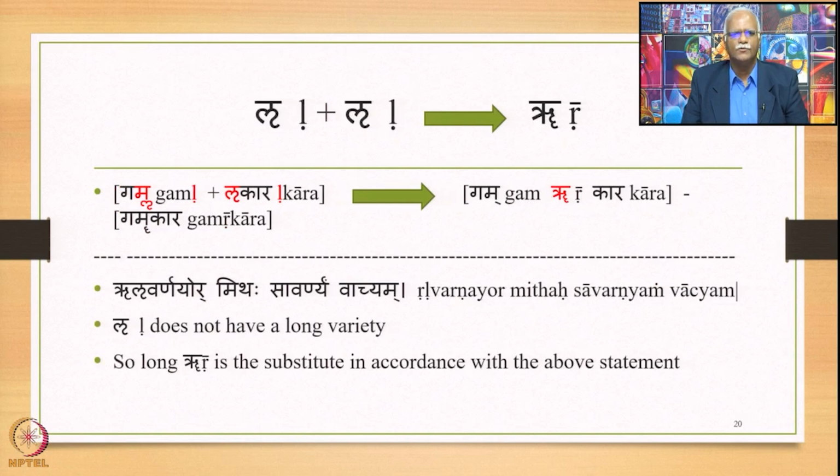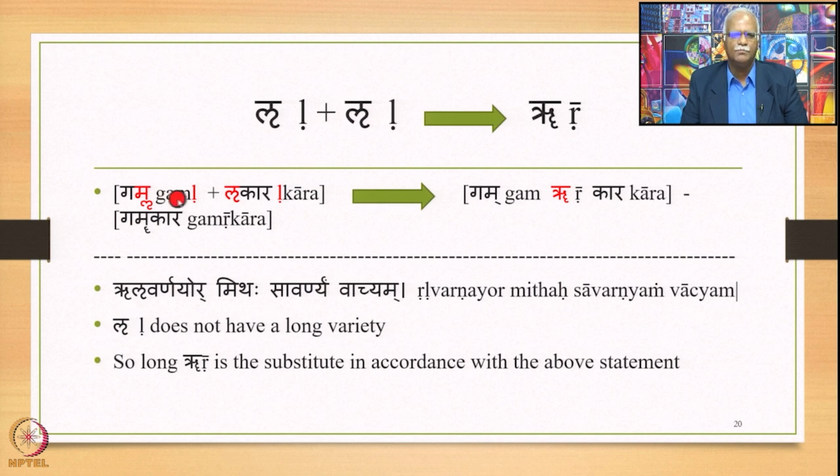Now we go to lu plus lu, both short vowels, and the output is long ru, because there is a vartika which says ruluvarnayor mithah savarnyam vachyam. So they are savarnas, and since lu does not have a long variety, the long variety of ru appears as the substitute.